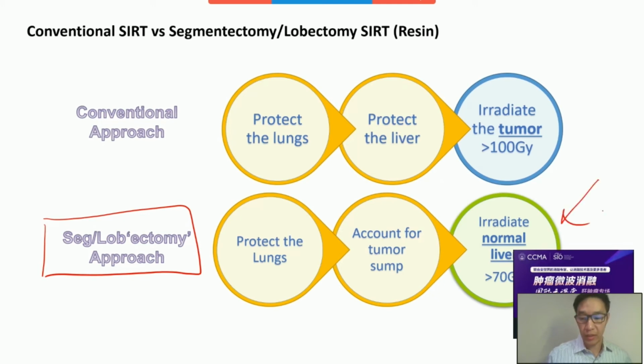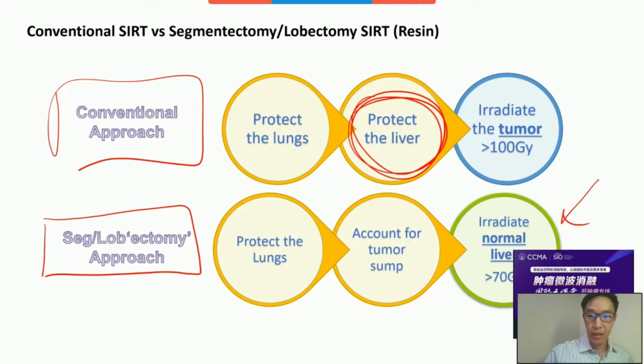And what we actually do is effectively ablate or irradiate the segment or the lobe of the liver with the intent of completely destroying all tissue, not reserving any liver.